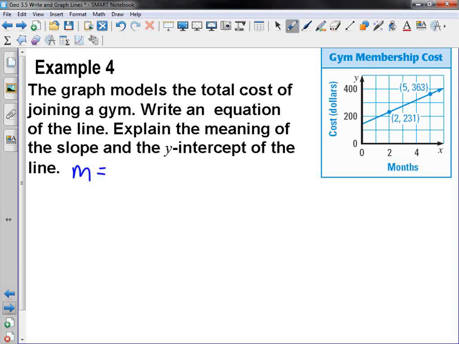But can I tell how far it is from here to here by counting boxes? No, it's in between boxes and it's too big, so we're probably going to have to do it the long way, right? All right, so Darren, can you help me set this up the long way? Okay, now with numbers.